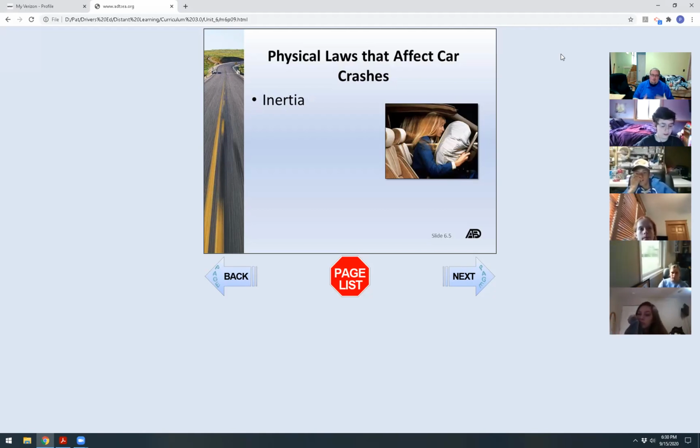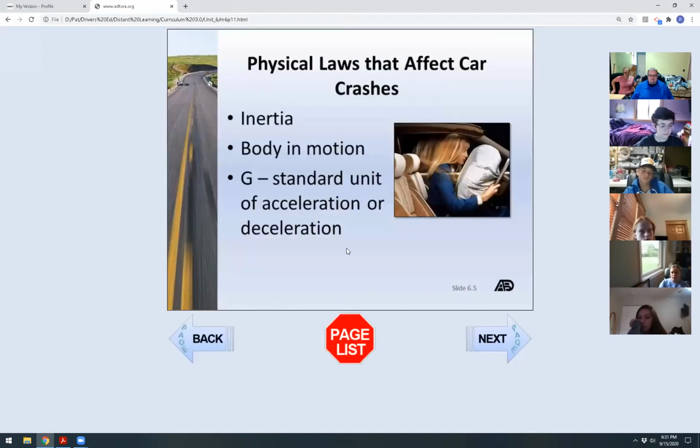So that's why all this stuff is important: in the natural world, inertia is a real thing. Stuff continues moving until it is stopped. Like I said, a body in motion stays in motion.